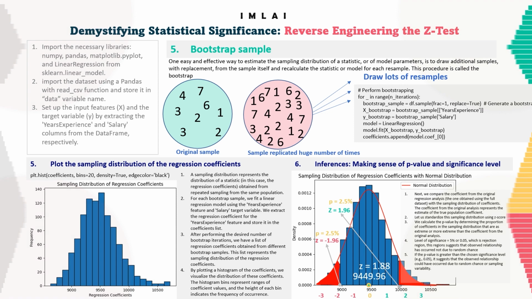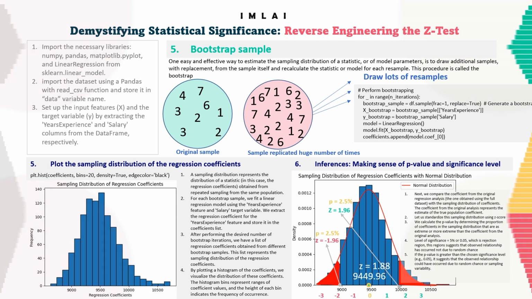Here we calculated the p-value by determining the proportion of coefficients in the sampling distribution that are as extreme or more extreme than the coefficient from the original analysis. In this case, we are interested in coefficients that are extreme or more extreme in the positive or negative direction, depending on what type of hypothesis we have.